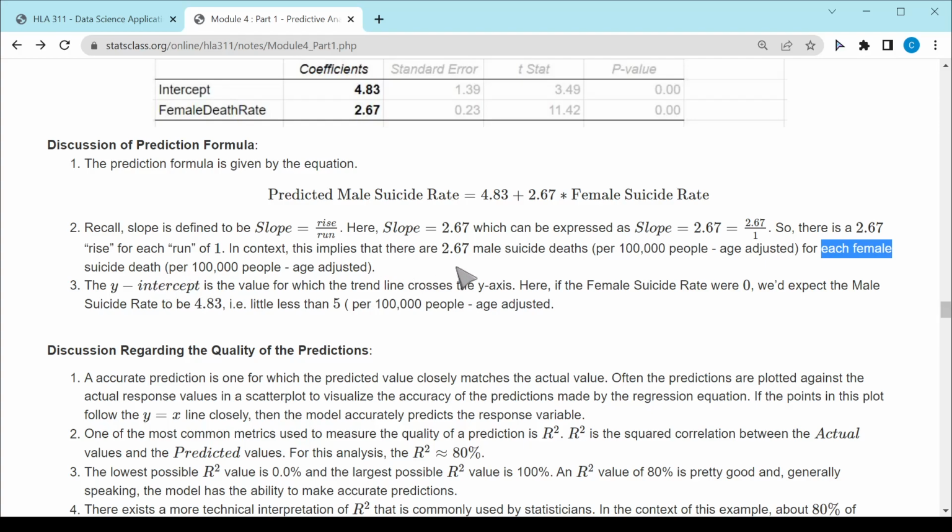So again, that rate is considerably higher for males. Okay, so again, for a 1 unit increase in my predictor variable, I can expect my response variable to increase by 2.67.